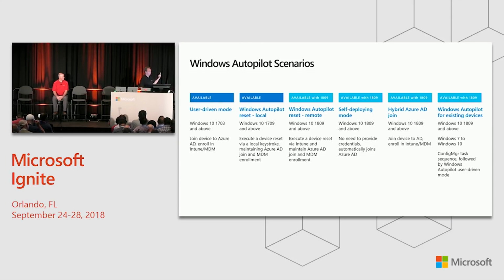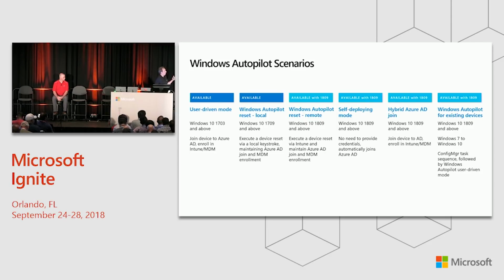Well, we don't necessarily then need to ask for user credentials during the initial setup. In fact, we don't need to ask for anything. If this is a self-deploying device, if it's not associated with the user, let's just deploy it. So as part of that, we can eliminate all user interaction. We'll still show the progress as the device is being set up, but as soon as that device is plugged in, turned on, and connected to a network, hands off, completely zero touch from that point.